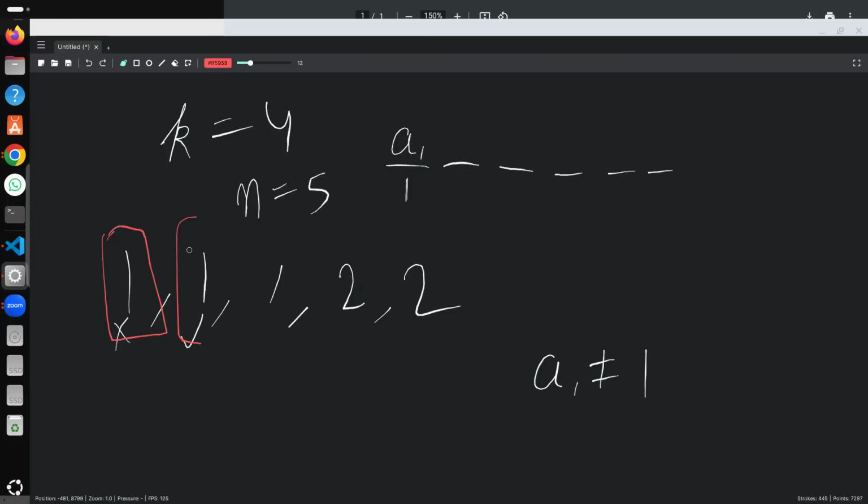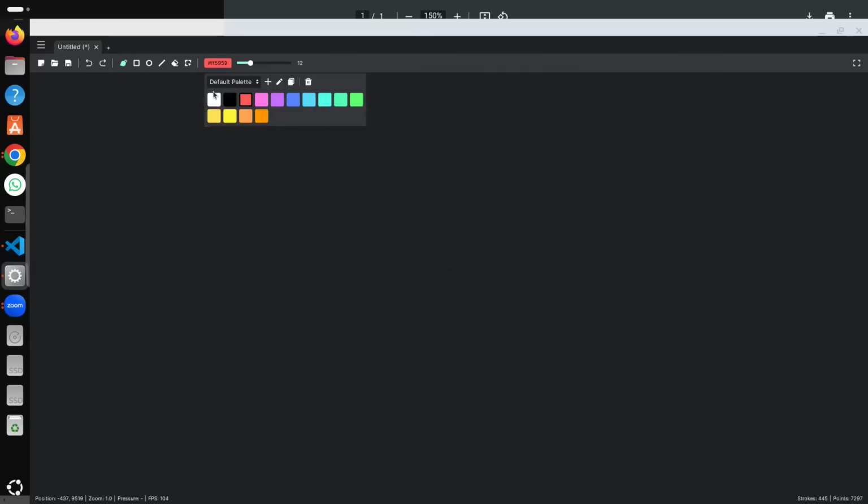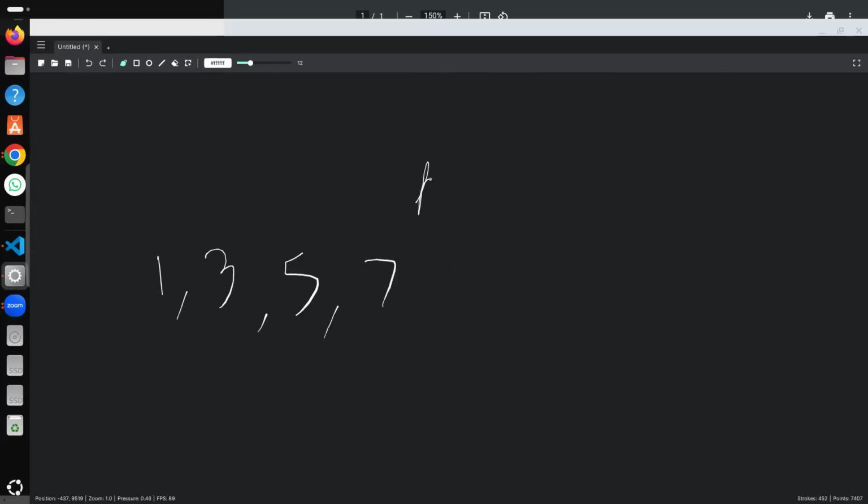So if the second element was in the array B, then it is always possible. My point is that suppose the second element was not 1. Let's just move to another test case for now. Let's say the second element was something else, say 1, 3, 5, and 7, and K is equal to 4.